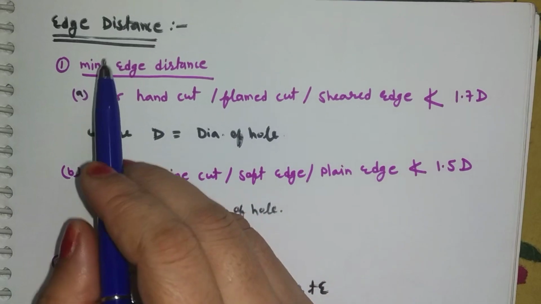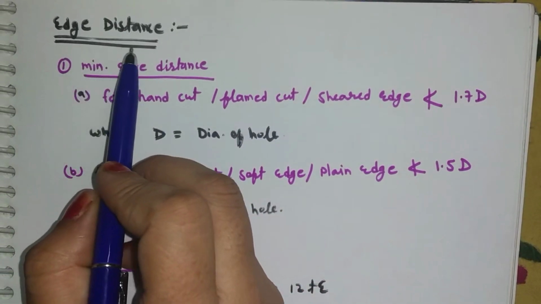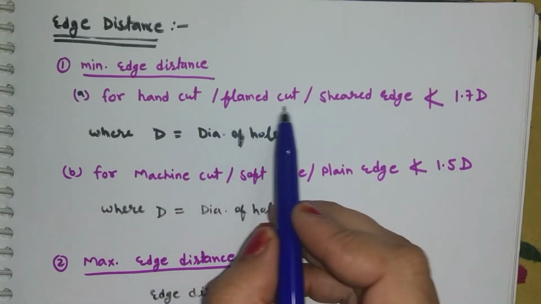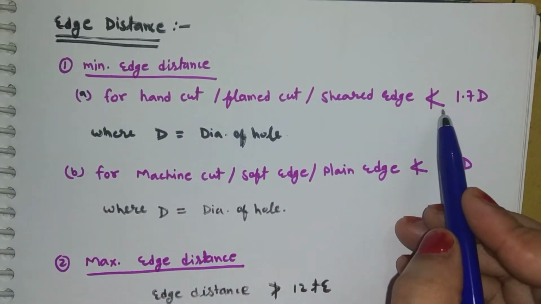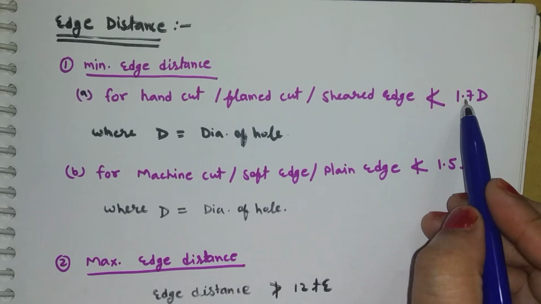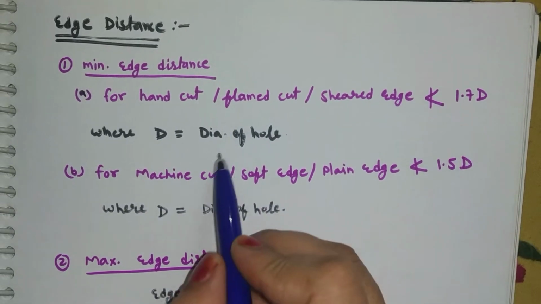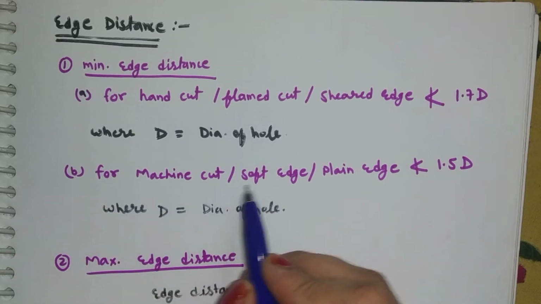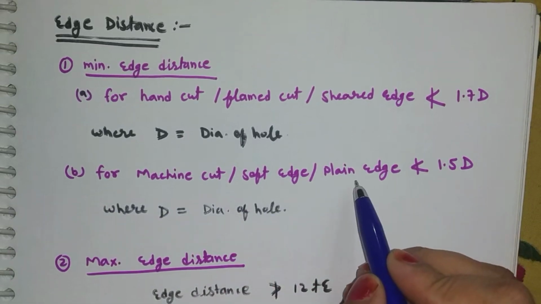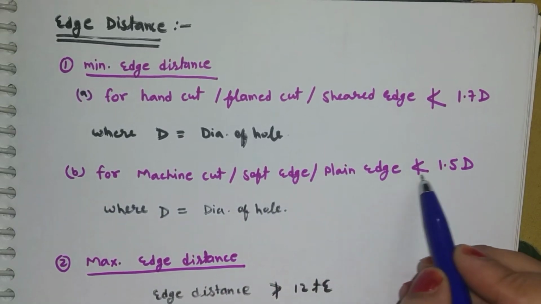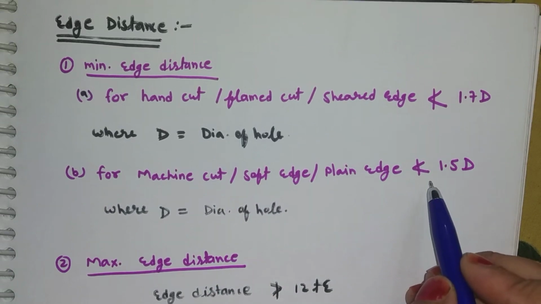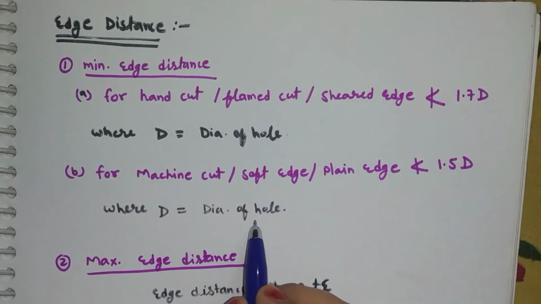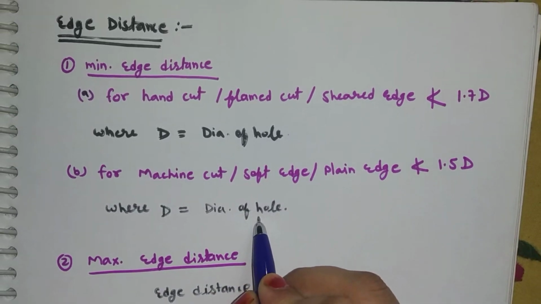Similarly, for edge distance, the minimum edge distance for hand cut, flame cut, sheared edge is not less than 1.7 d, where d is the diameter of the hole. And for machine cut, sawn cut, planed edge, it is not less than 1.5 d, where d is the diameter of the hole.